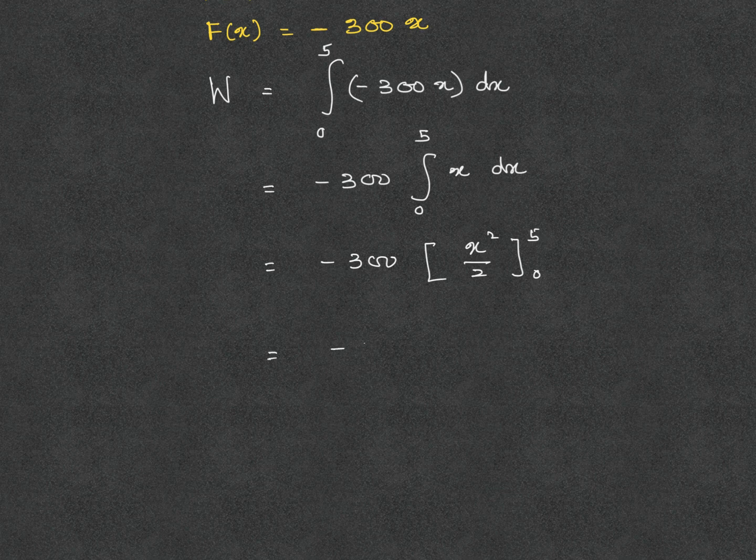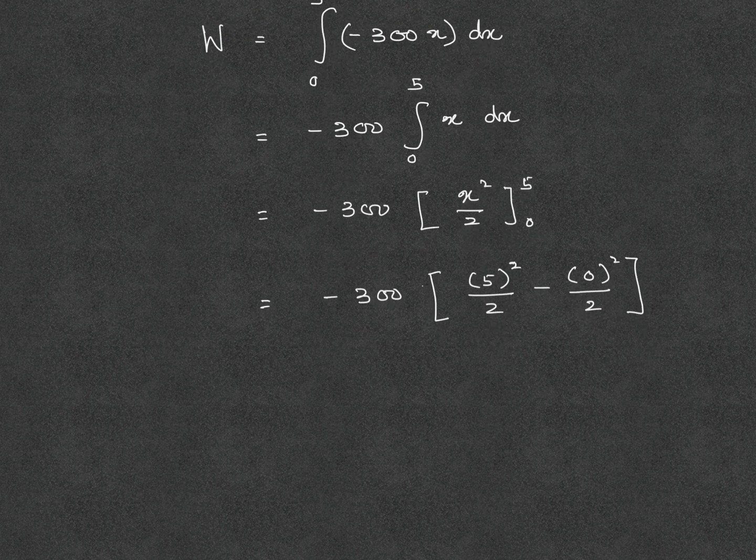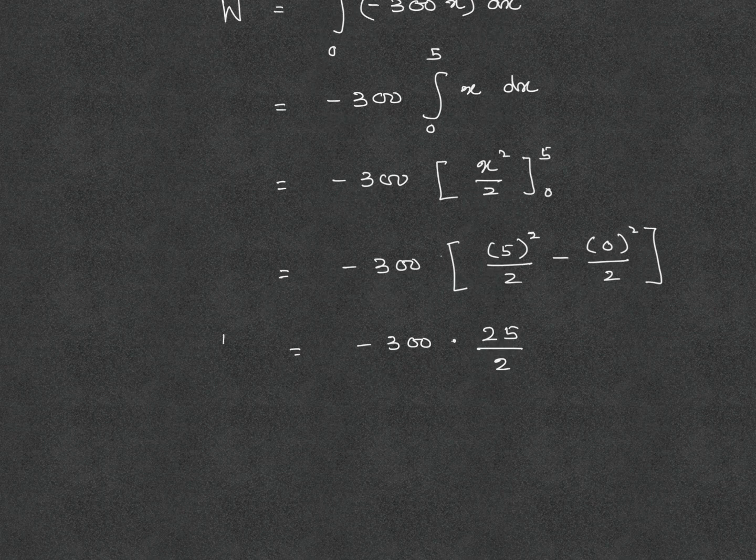We substitute the upper limit first and then subtract the lower limit. So 5 square over 2, minus the lower limit 0. You don't have to do that since it is 0, but I'm just doing it so that you can follow what I am doing. And then negative 300, and 5 square is 25, divided by 2. And that's basically the answer.